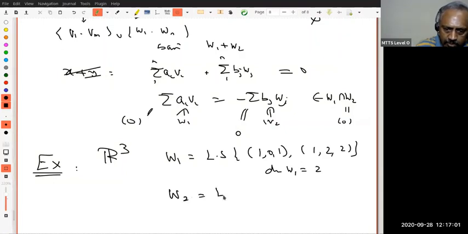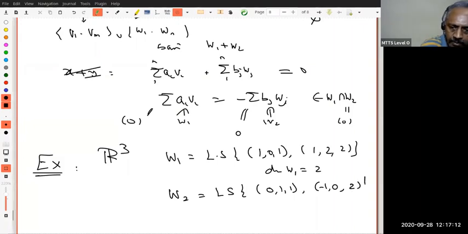Therefore, these two vectors are linearly independent. And let W2 also be the linear span of (0, 1, 1) and (-1, 0, 2). Again, these two vectors are linearly independent, therefore the dimension of W2 is also 2. Therefore, I should expect the dimension of W1 intersection W2 must be 1.